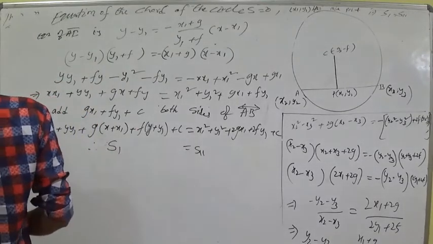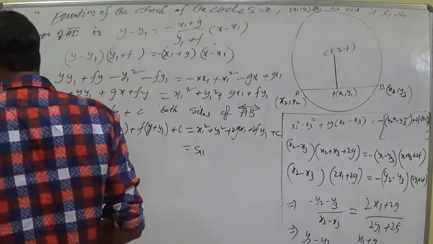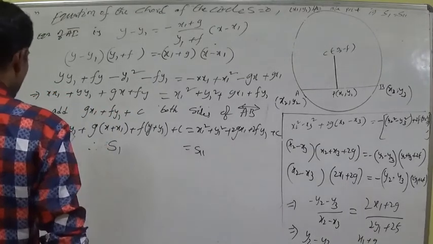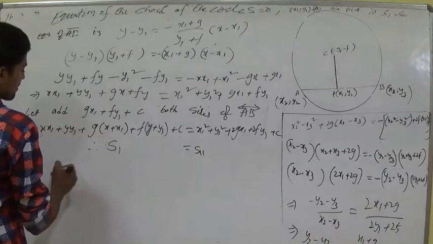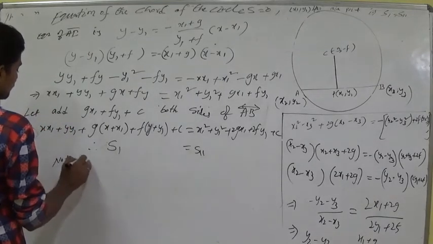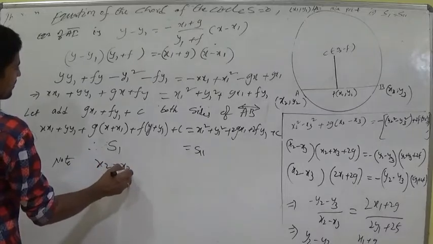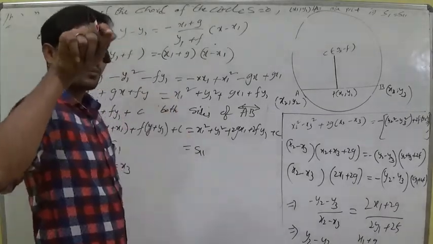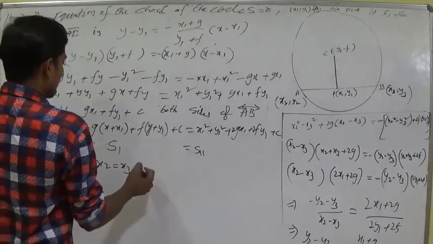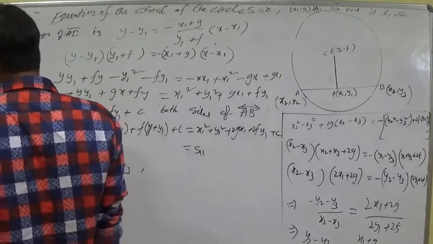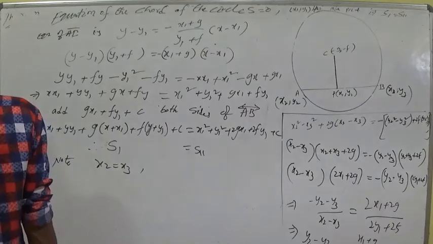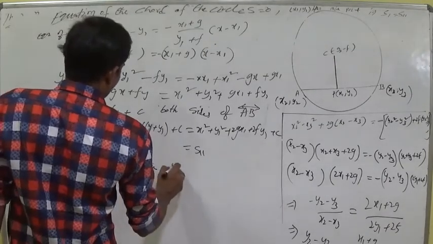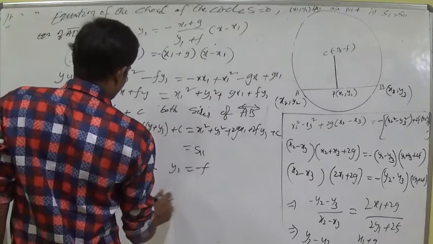Here, let's suppose x2 is equal to x3 and y1 is equal to minus f. Special case, note: x2 is equal to x3 means the denominator becomes 0. And y1 is equal to minus f.